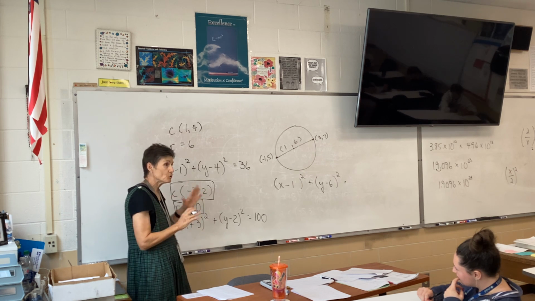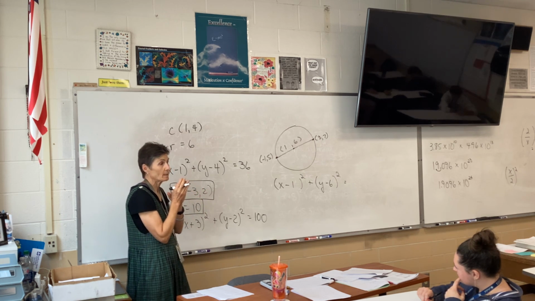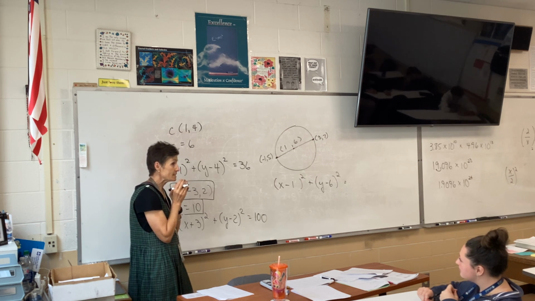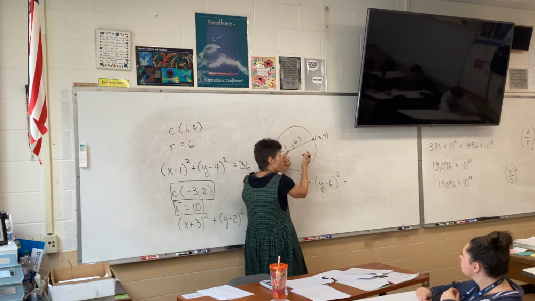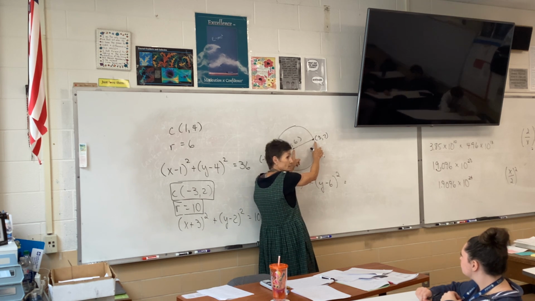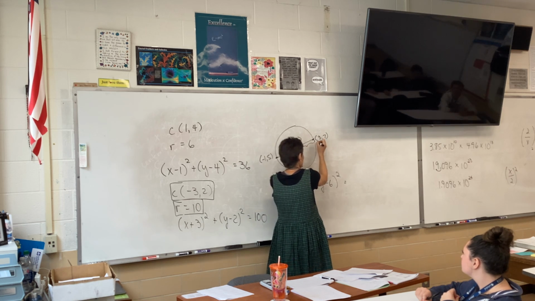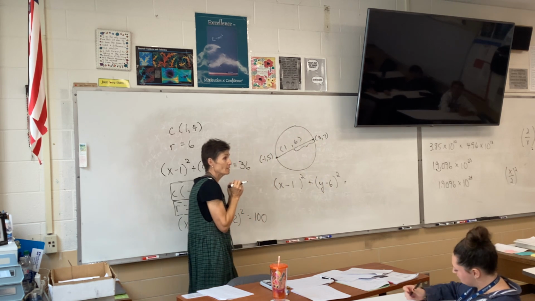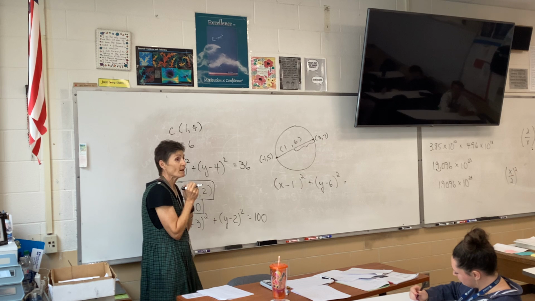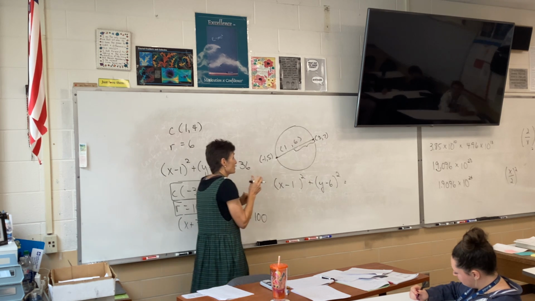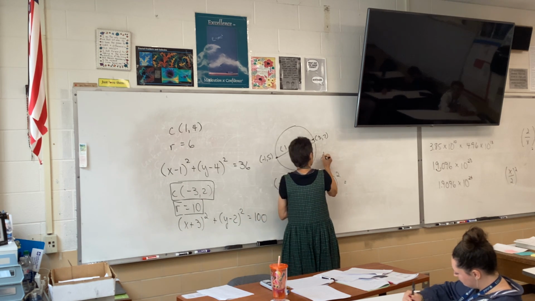Okay, so how am I going to do that? Where's the radius going to come from? Find the distance. Maybe from here to here, or here to here? That will be the radius. Will you agree with that? Yeah. So now I need to remember how to find the distance.